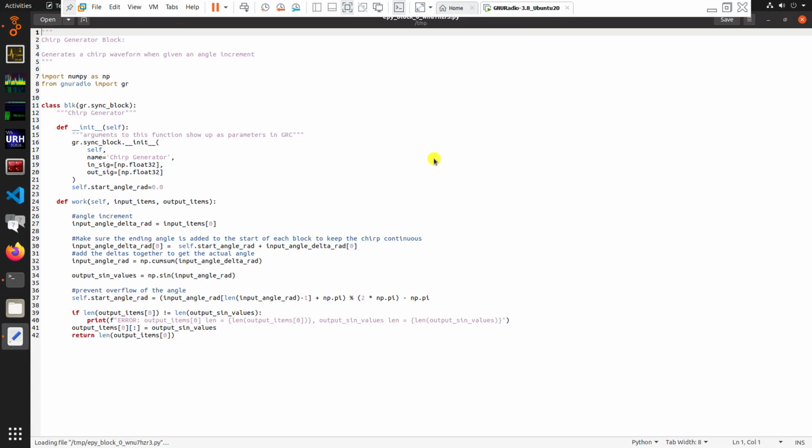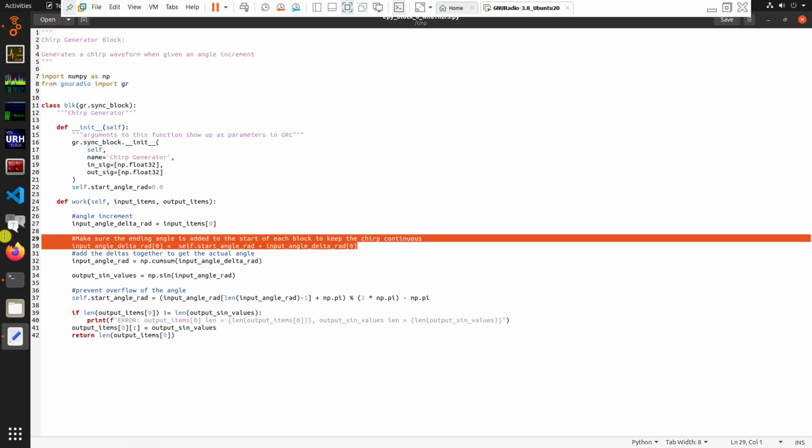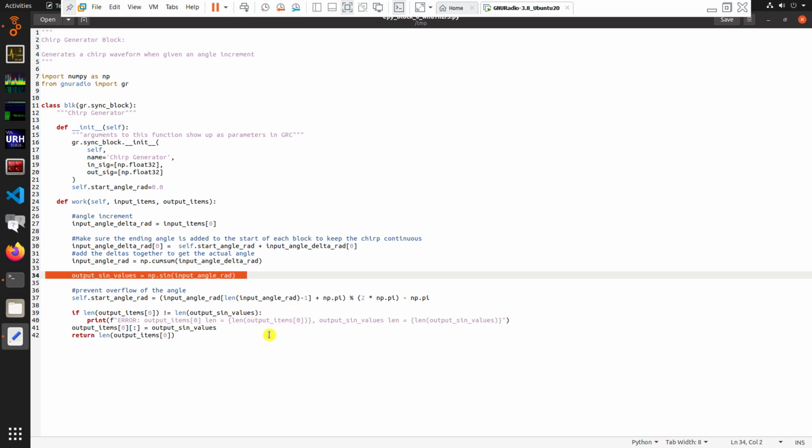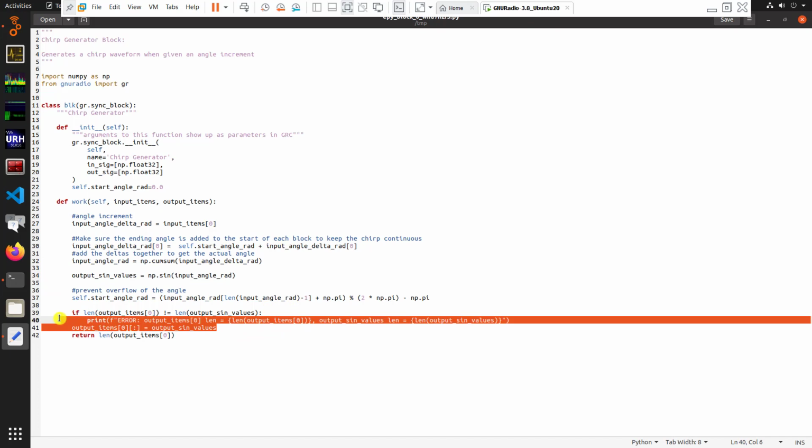And so if we open this up, we can find the code that we showed on the slide right here to make sure that this is forming that line of the frequency values, which are our angular step sizes, and then we sum those to get our angle that we then feed to the sine function, and we take that and then we output that out of the block.